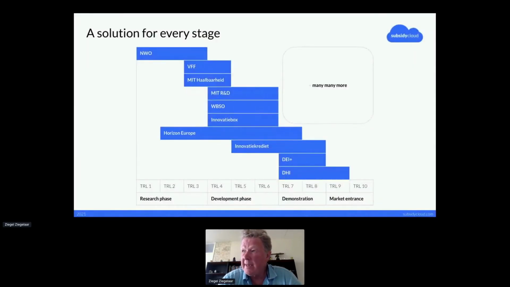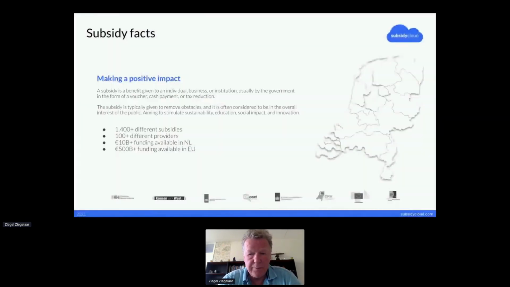What's important is that there are subsidies for every stage of a company that you can imagine, from the startup until market entrance, and even during a grown-up phase of a company, there are subsidies, and there are many, many subsidies. And I think in the next slide that will show you.